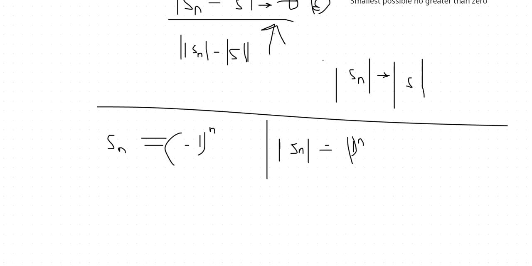This is always 1, and Sn fluctuates between minus 1 and 1.